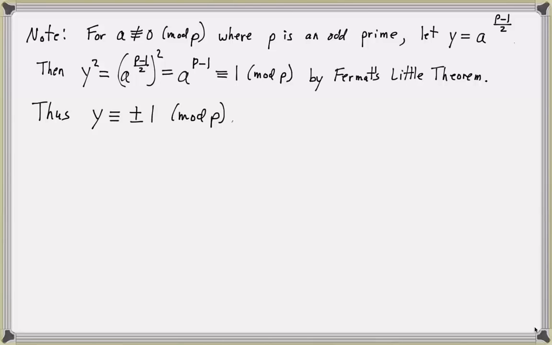And we'll see from Euler's criterion that if a is a quadratic residue mod p, then y will be congruent to 1 mod p, and if a is a quadratic non-residue, then y will have to be congruent to negative 1 mod p. So let's present Euler's criterion.